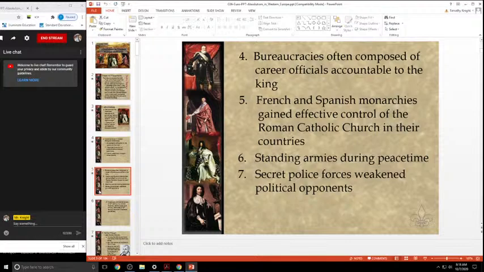The kings in Western Europe start surrounding themselves with these servants, okay, these ministers who are not nobles but are given power to conduct business on the king's behalf.